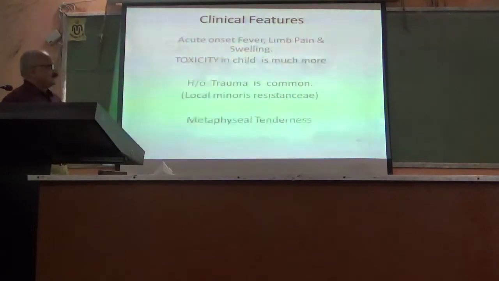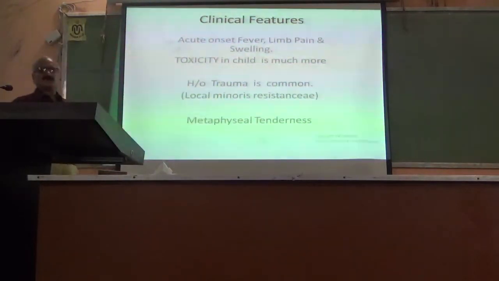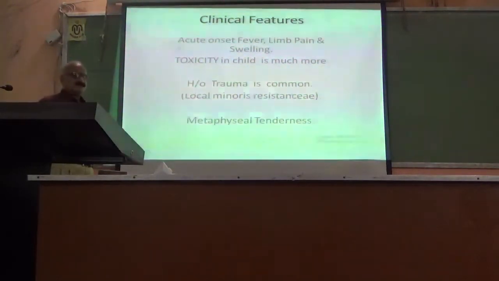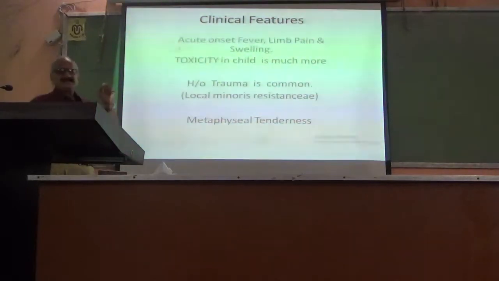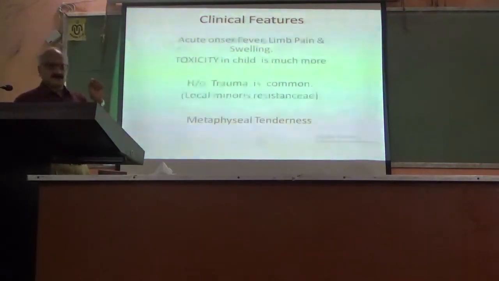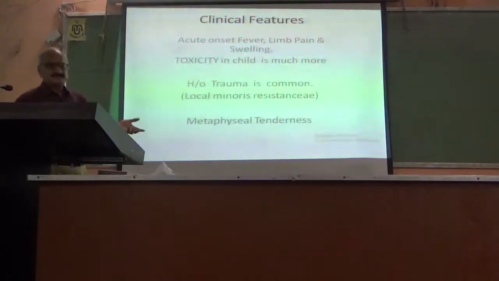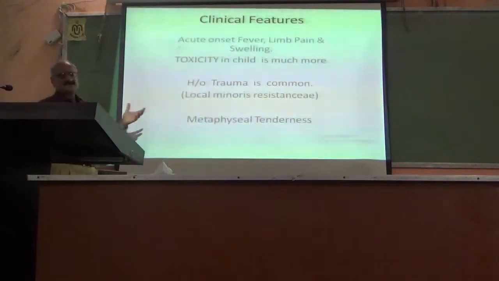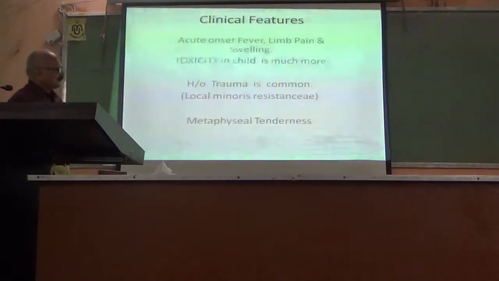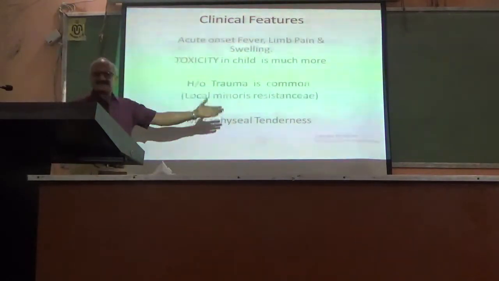Usually we find there is a history of trauma also forthcoming. The child, if he is intelligent enough, says that probably he received some sort of trauma, maybe hit by some lathi, hit by some stone pebbles or something like this. This history is very, very forthcoming, and then it reminds us of locus minoris resistentiae.